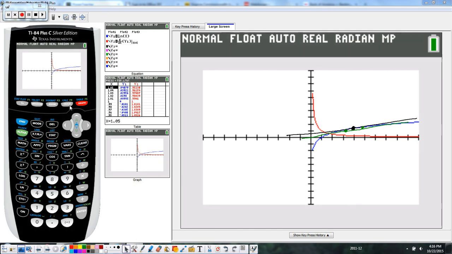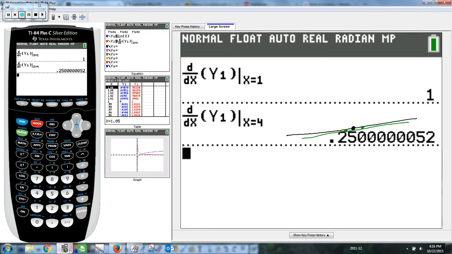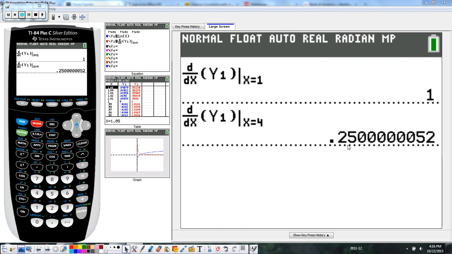Usually when you see something like what we had on the home screen, 0.25, a whole bunch of zeros, and 5.2, that 5.2 is probably there because of round-off error. You're a little off because you're picking two points on either side.